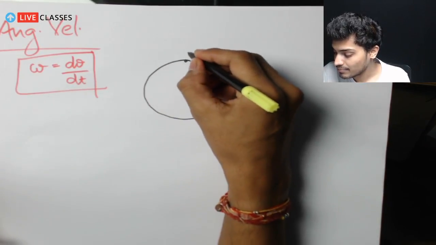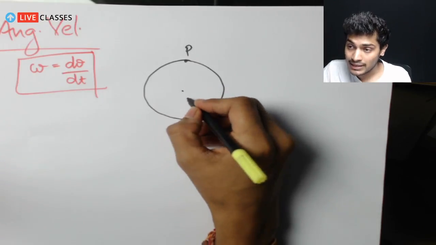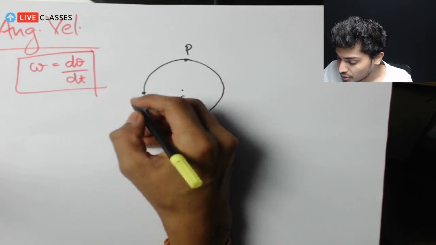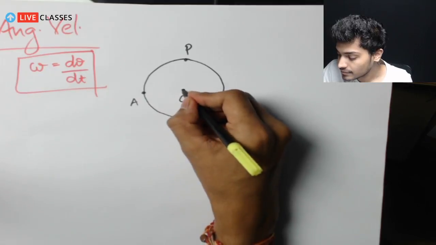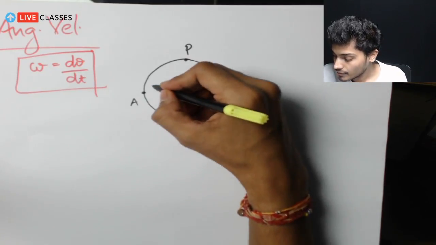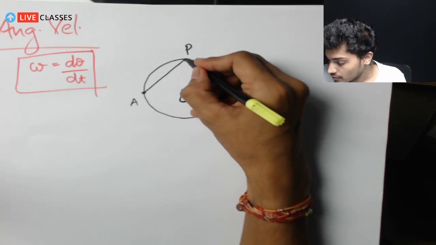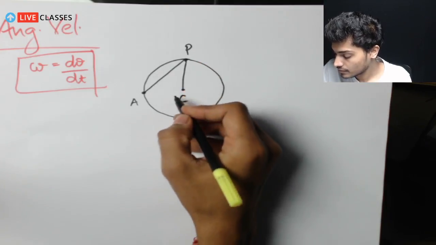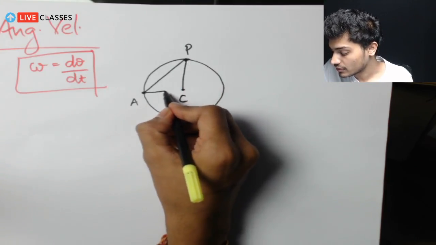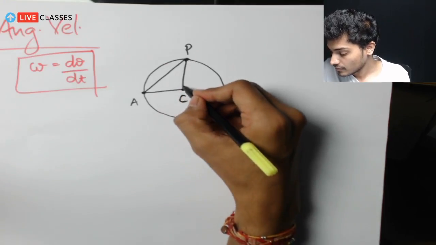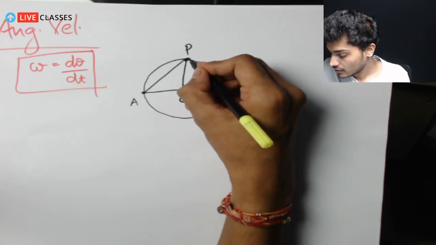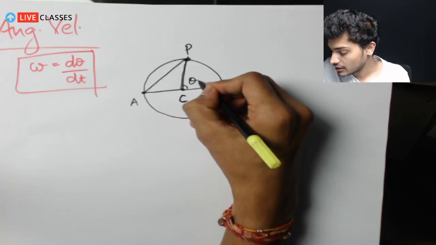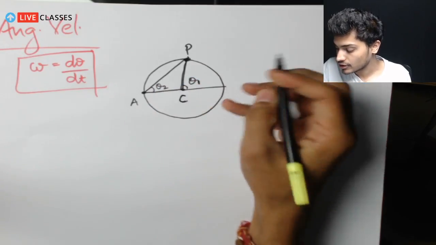Suppose a particle is at point P and one observer is at center C and another observer is at point A, let's say. Suppose some point is given. It is making angle theta 1 and this is making angle theta 2.